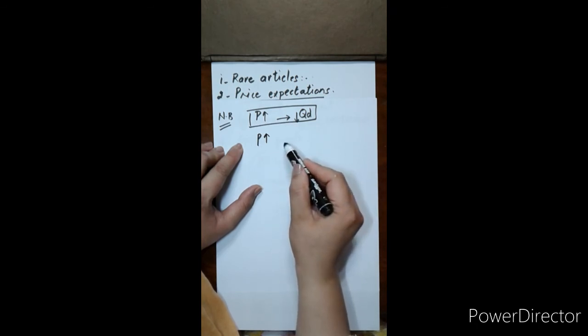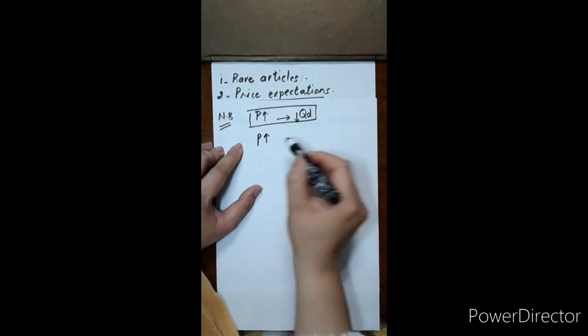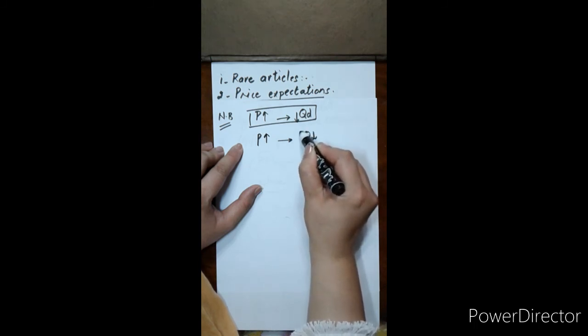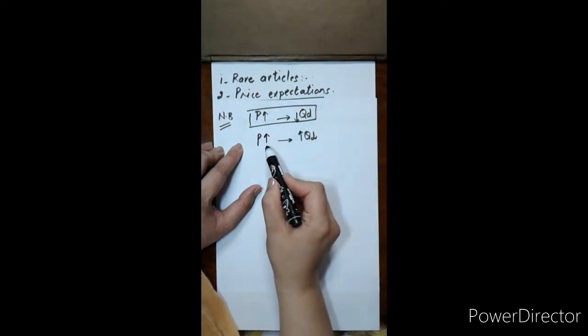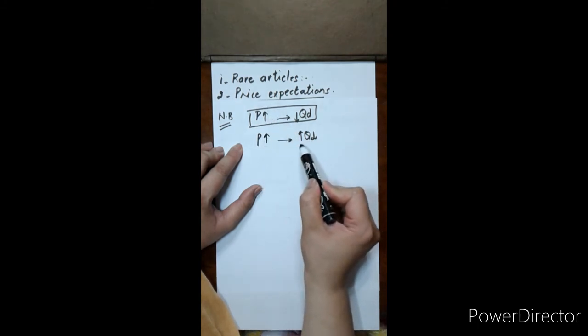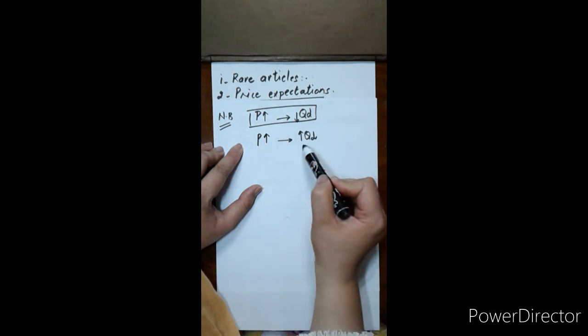What am I going to do now? I am going to run to the market and I'm definitely going to try to buy that commodity when it is still costing me rupees 100. Okay, so when I expect prices to further rise in future, my behavior in present day is going to be to purchase larger quantities.